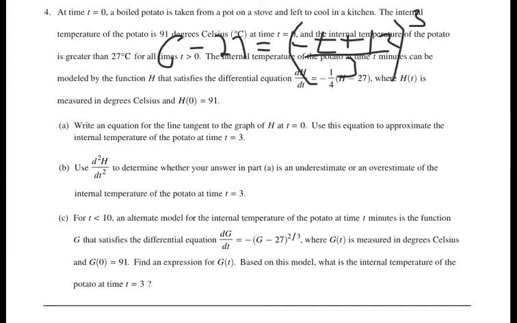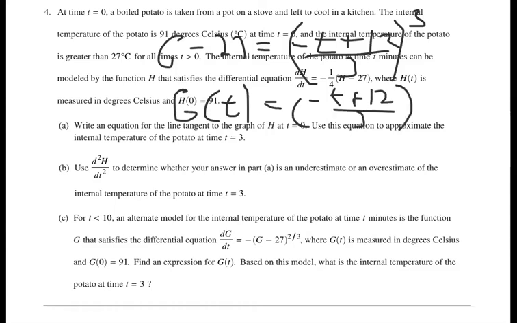And then I've got to add 27 over. So my equation is G of t is going to equal ((negative t plus 12) over 3) cubed plus 27. And that's another point for solving for G.